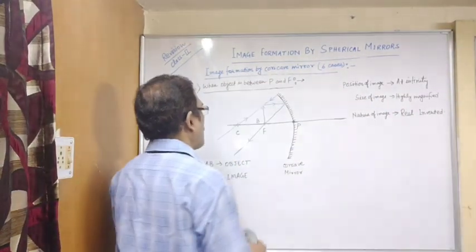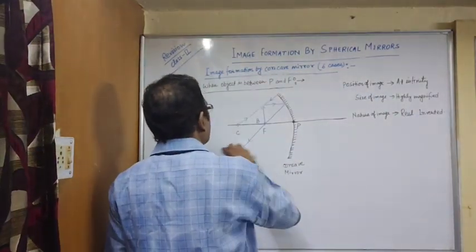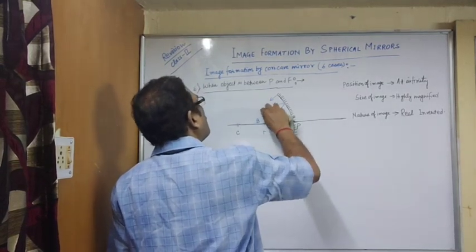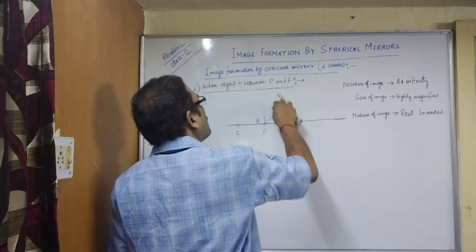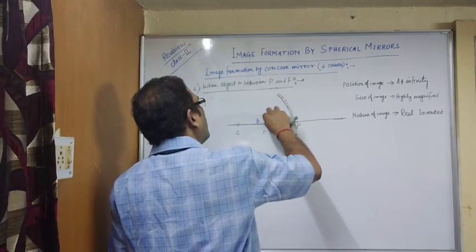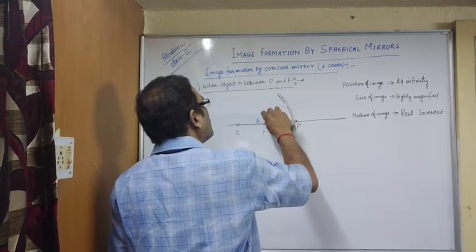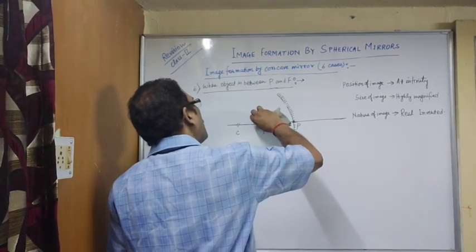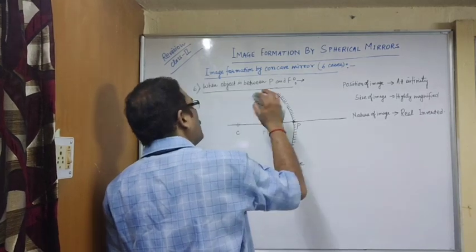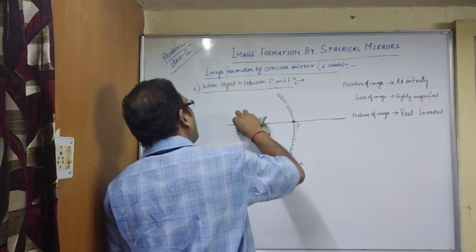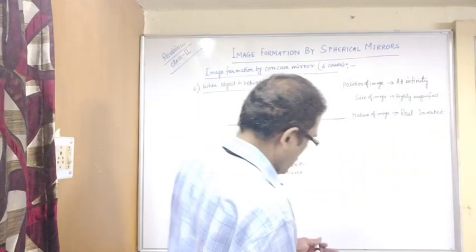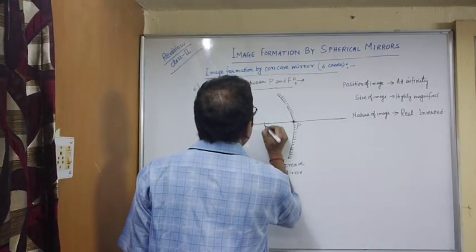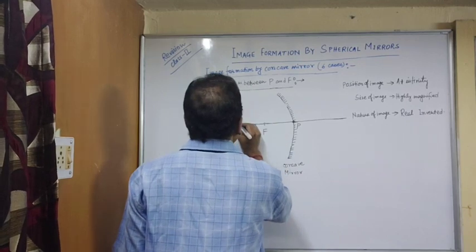So again the drawings are common. You have to draw a mirror. You have to mark a point at the center of reflecting surface, that is pole. You have to draw a horizontal line through pole, and then mark the point, center of curvature and focus like this.